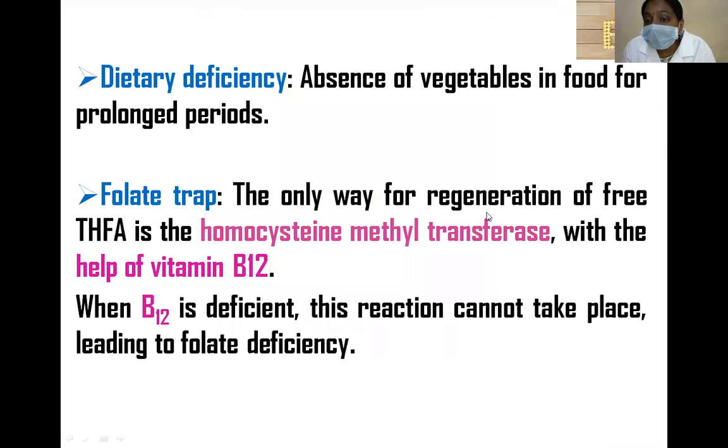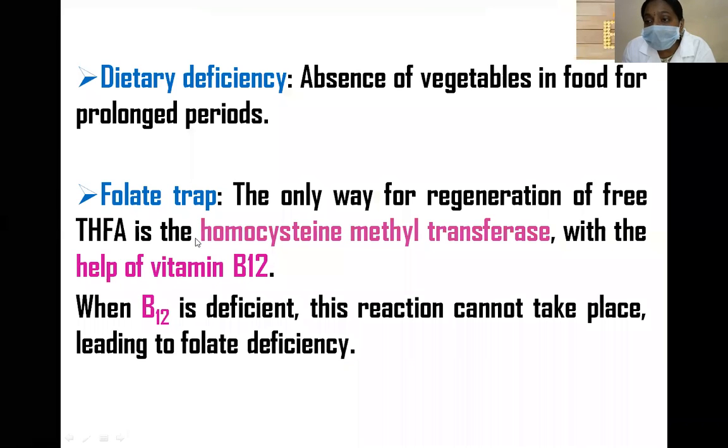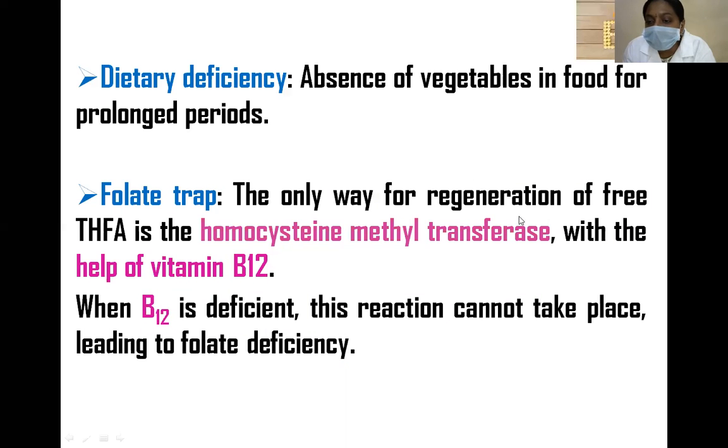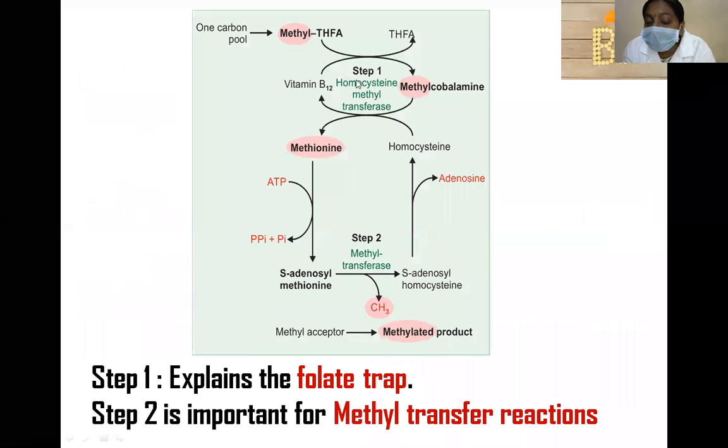There is only one way for generation of free tetrahydrofolic acid, in the presence of the enzyme homocysteine methyltransferase with the help of vitamin B12. When there is B12 deficiency, the reaction doesn't occur, so methyl tetrahydrofolic acid cannot be converted into tetrahydrofolic acid.